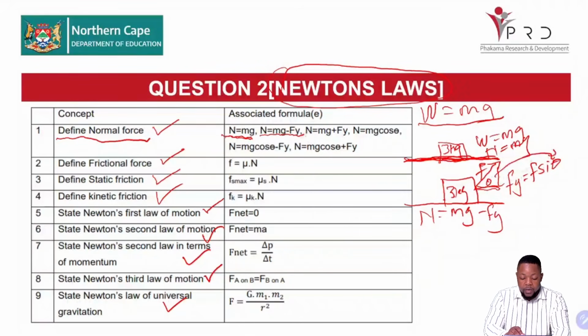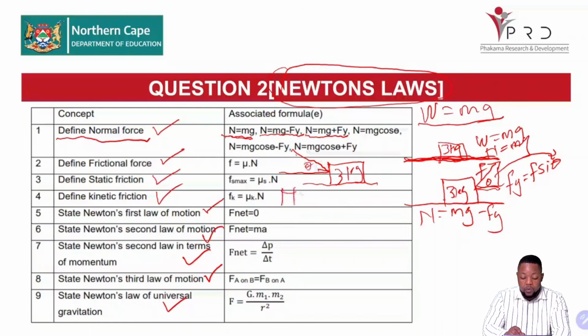Then we can also have normal force being calculated as N is equals to mg plus Fy. So this will happen if we have our object that is our 3 kg, but the force that is pushing this object at an angle is not pushing it upwards, but is now pushing it downwards.